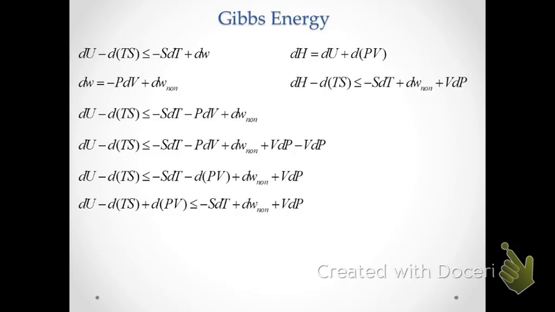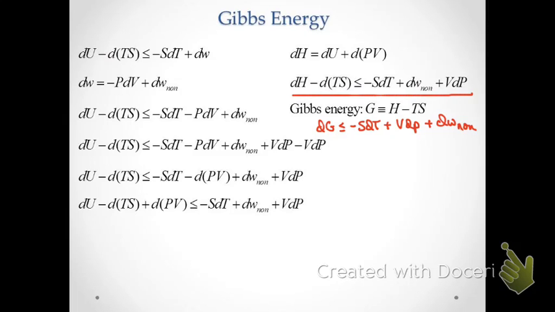So now we have on the left side dH minus d(TS), and you may already recognize from previous discussions that this is in fact the definition of the Gibbs energy. G is defined as being equal to H minus TS. So taking the expression above and making the new definition of G gives us this expression here.